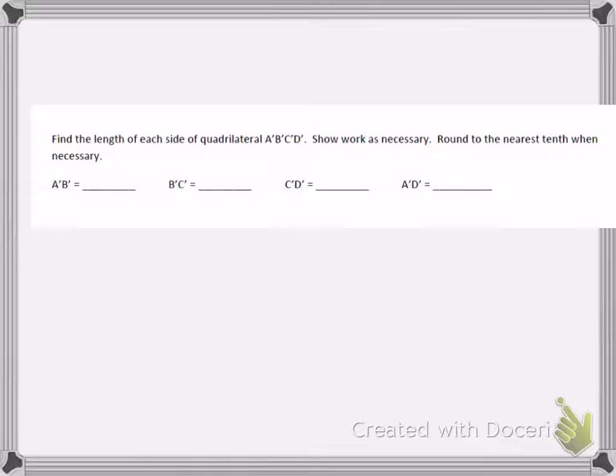Now the next question is finding the lengths of the quadrilateral A'B'C'D', or the image of ABCD. And we need to show work if it's necessary. Hopefully, this question is really more about what you have remembered about transformations than anything else. The idea is that our first transformation was a rotation, and that does not change the shape or size of the figure.